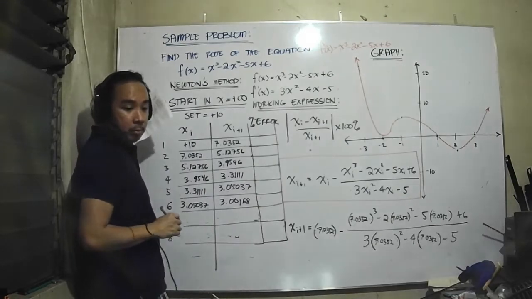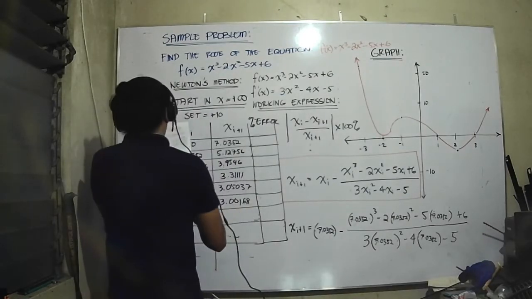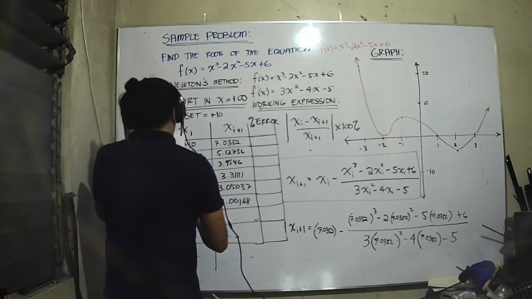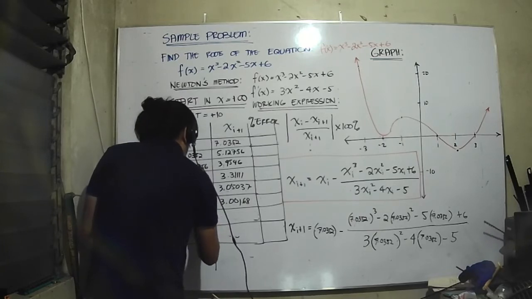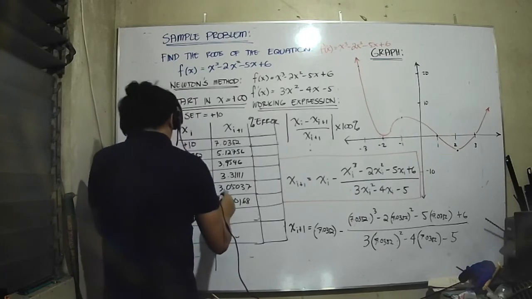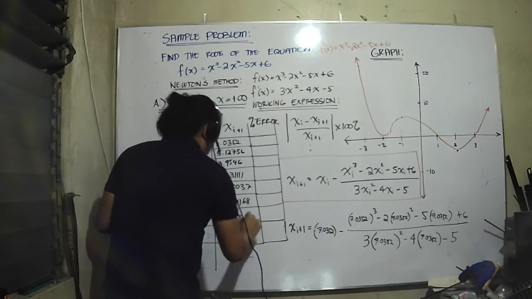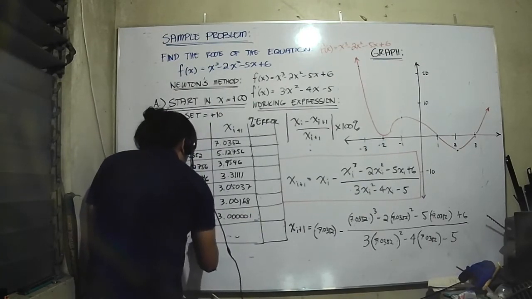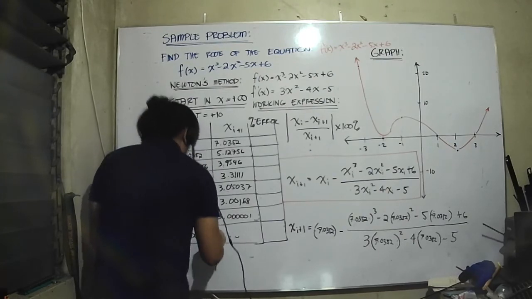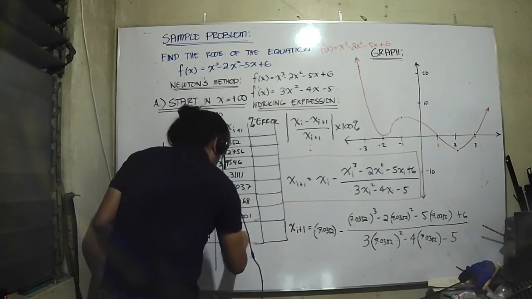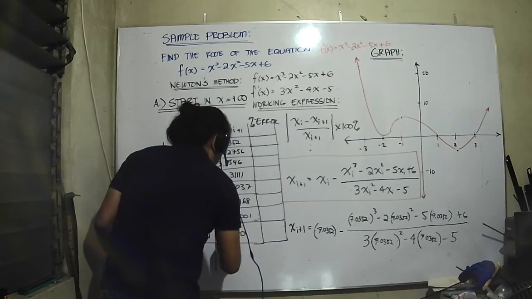Okay? At the 7th iteration, we have 168. That becomes 3.5 zero, 1. Then it becomes 3.0.